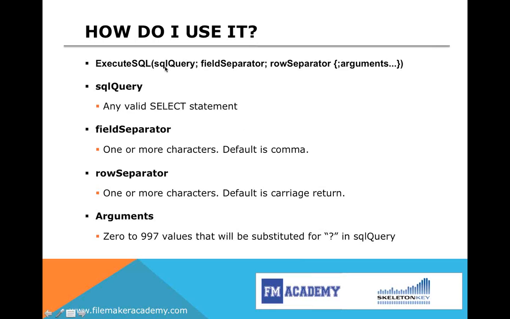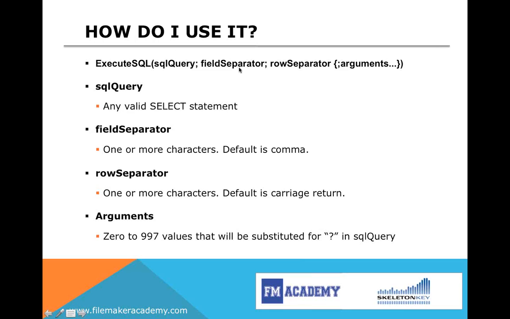So the first parameter is just any valid select statement. The second one is the field separator, and this is going to be the value that is inserted between each of the fields from the result. And that can be 1 or more characters. By default, if you don't include a field separator, you can't leave it blank.